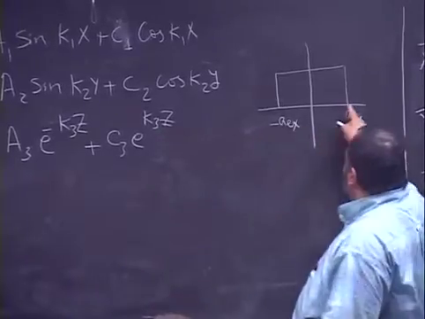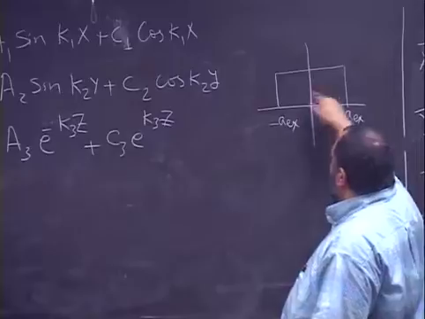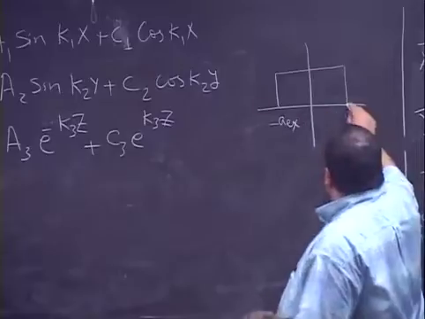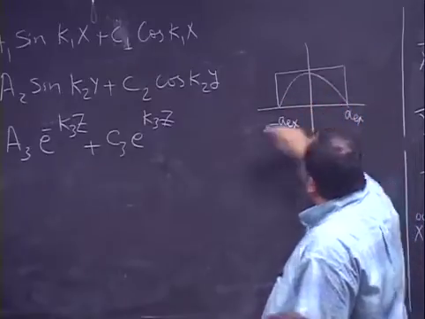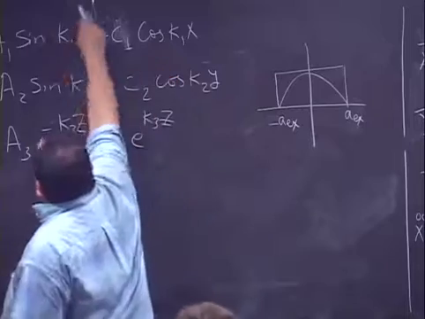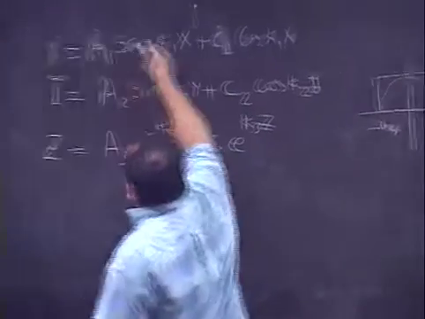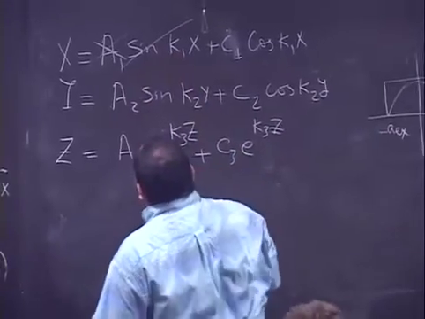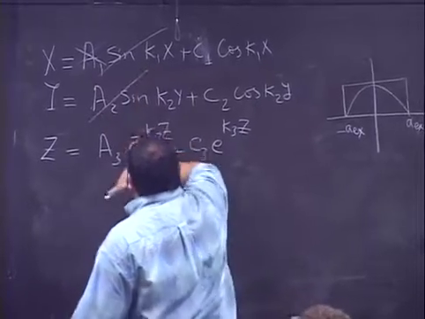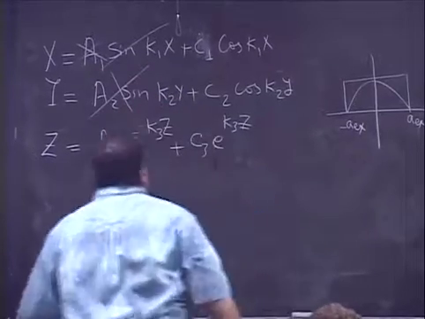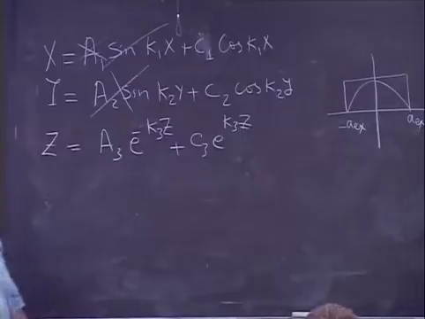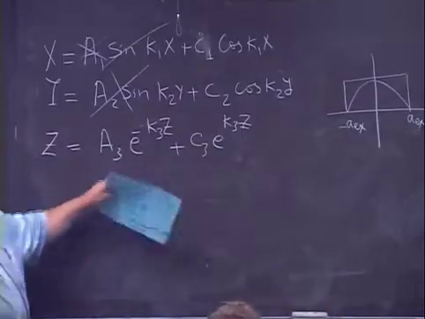What function will give me zeros at the border and symmetry? Cosine. So in this case I have to remove this term. A1 should be 0 because sine is not symmetric. And in the y direction the same, so a2 will be eliminated. Yes guys? So I will keep c1 and c2.